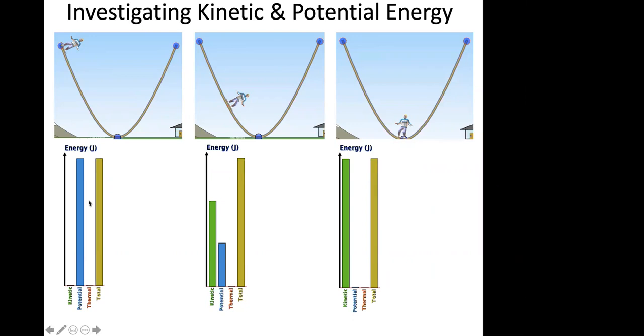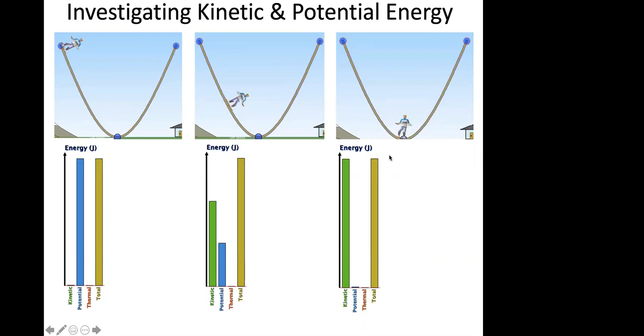The total energy stayed the same, but when he paused way at the top, his kinetic energy went down to 0, and he had the largest potential energy. He was going back and forth because gravity was pulling him downward. As he was pulled downward, the potential energy decreased and the kinetic energy went up. And he had a maximum kinetic energy when he was right at the bottom, zipping through, back and forth.